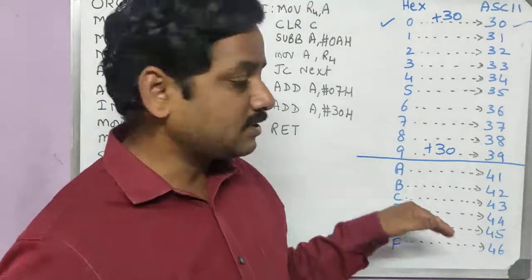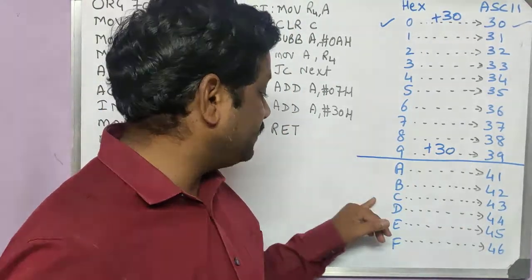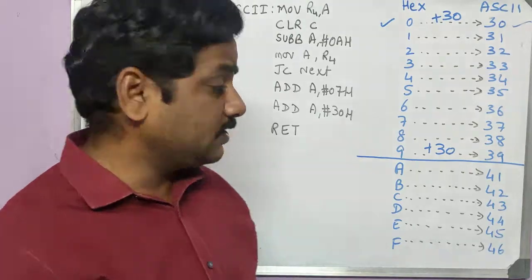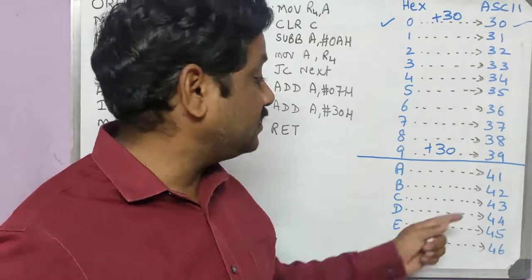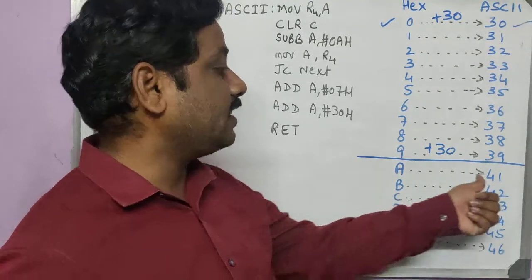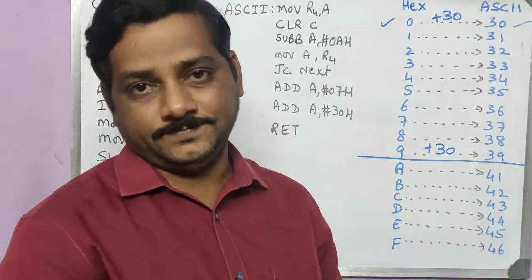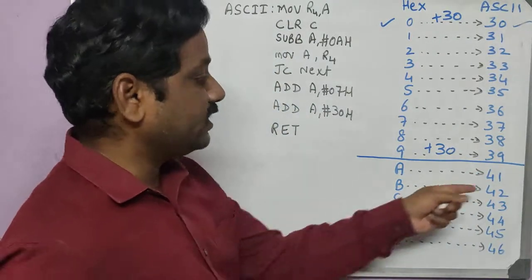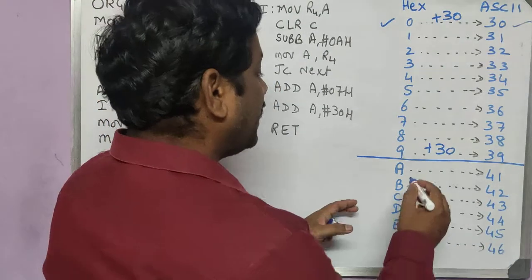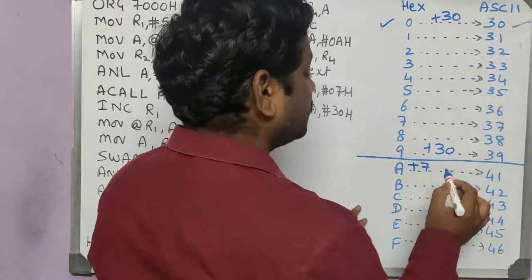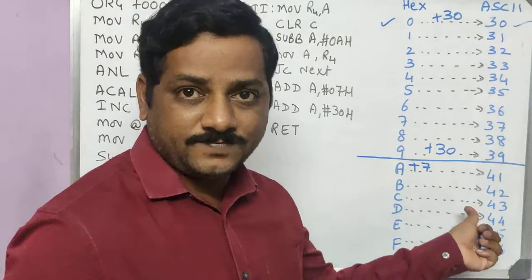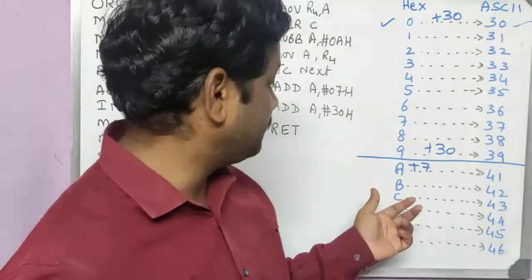That is one point. If I give more than 9, after 9 we get A, B, C, D, E, F. If I give these numbers, then for A I should get 41. This cannot be achieved by just adding 30. So to get this 41, we first add 7 to the digit. A plus 7, let's see what the number is.